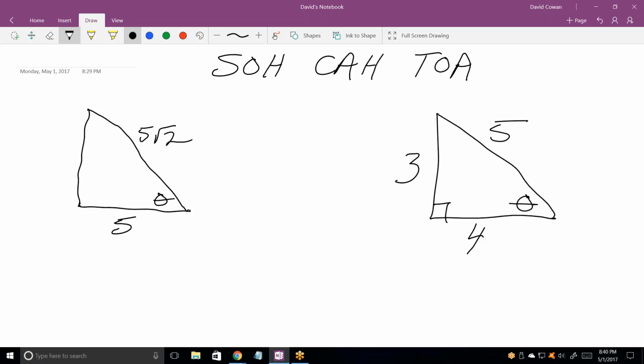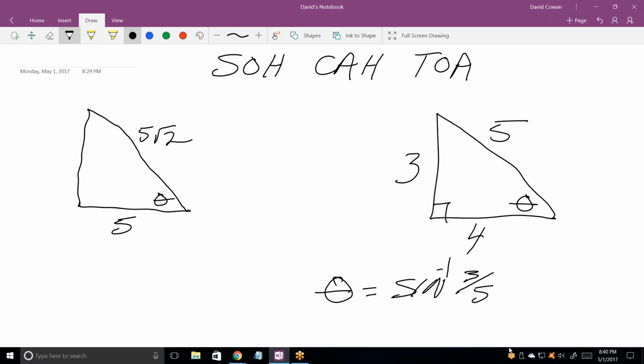Have we taught you inverse trig functions yet? Yeah, they have. Okay, so theta would be the inverse sine of what? Theta, in this case, would be the inverse sine of 3/5.